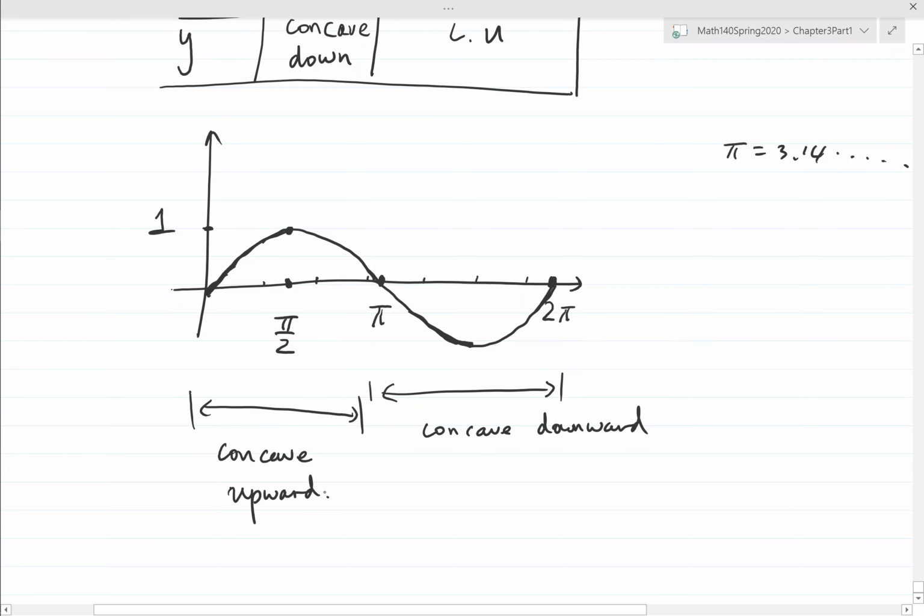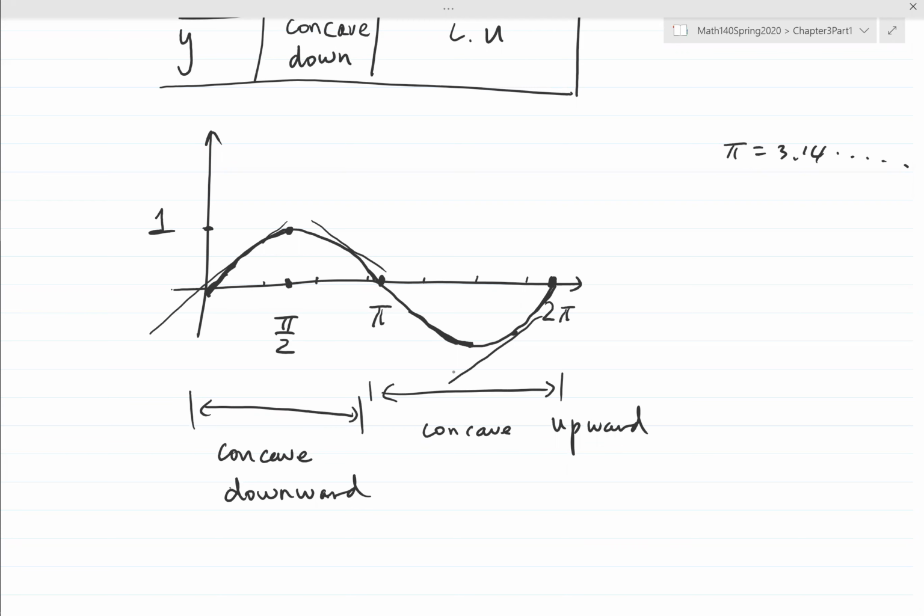Sorry. Because if you take the tangent line, the graph lies below the tangent line from 0 to pi, so it's concave down. Now from pi to 2 pi, the graph lies above the tangent line, so it's concave upward. Concave upward, concave downward.